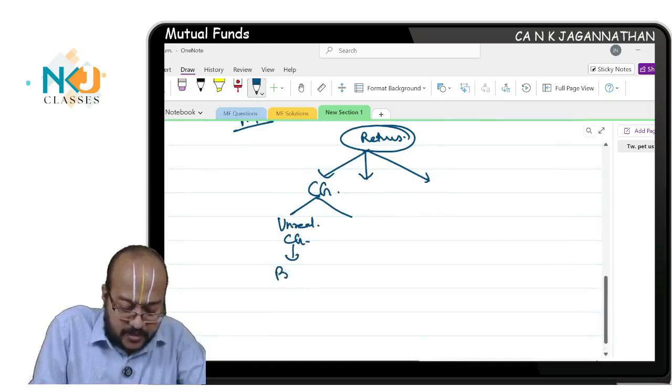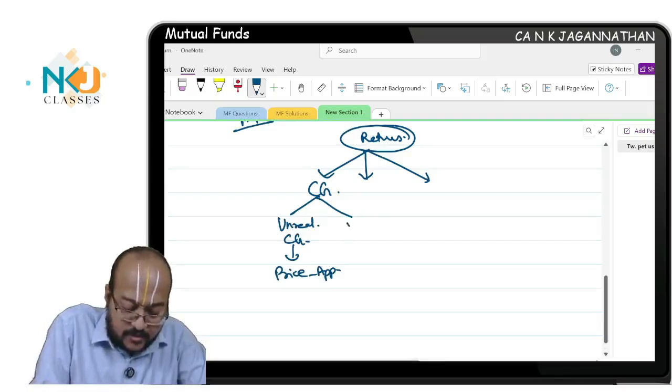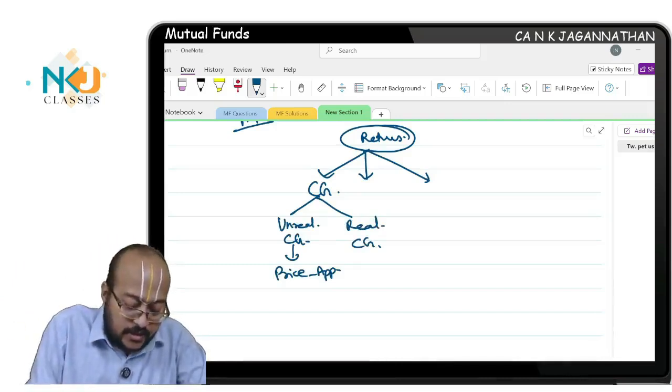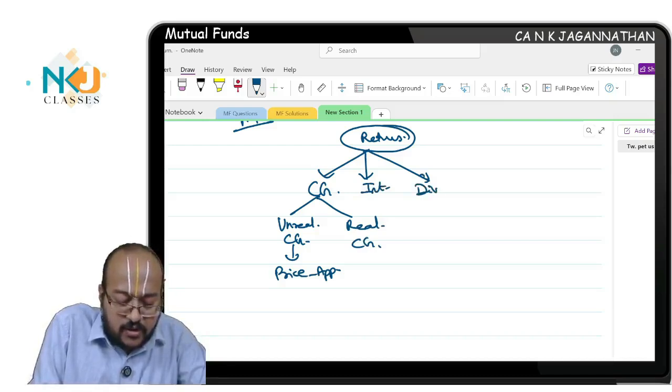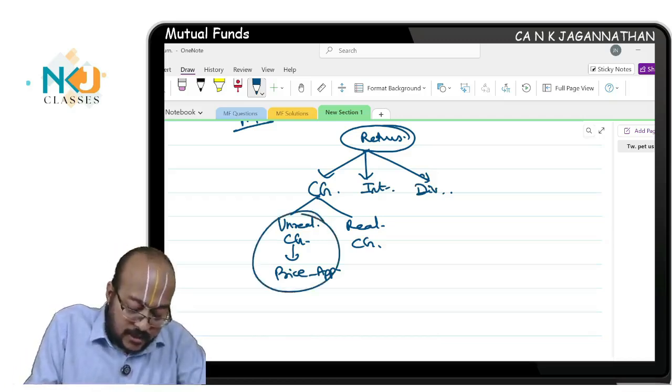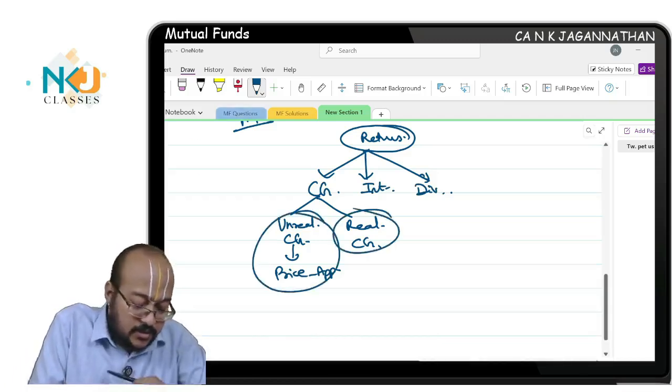This is price appreciation. Then there are realized capital gains, which means whatever it realizes now. And then you have other sources, interest, dividend, all these things. Now there is unrealized capital gain and realized capital gain.